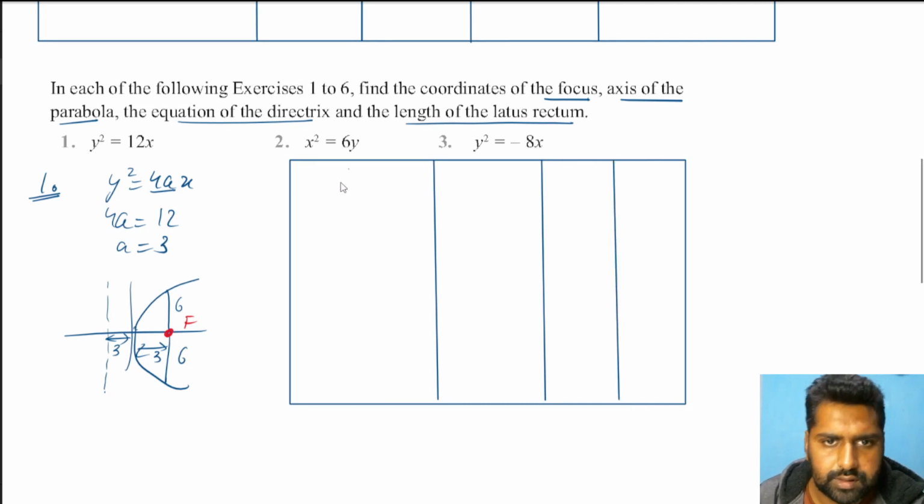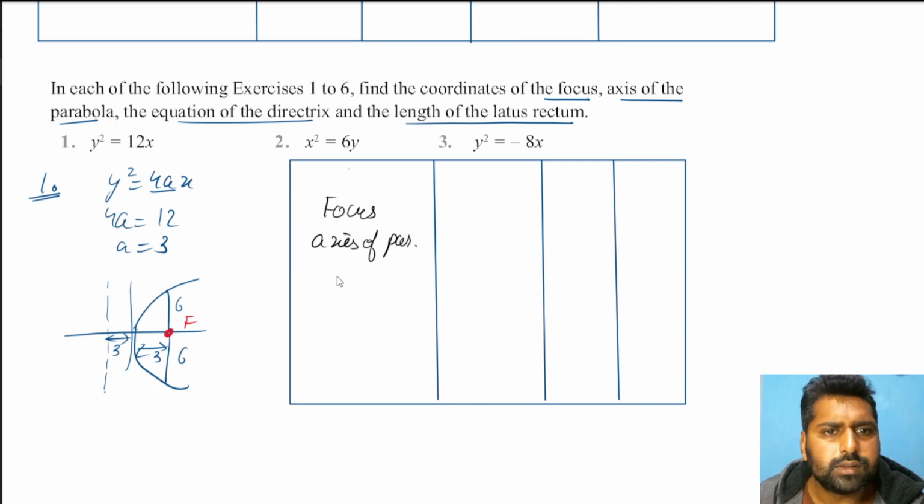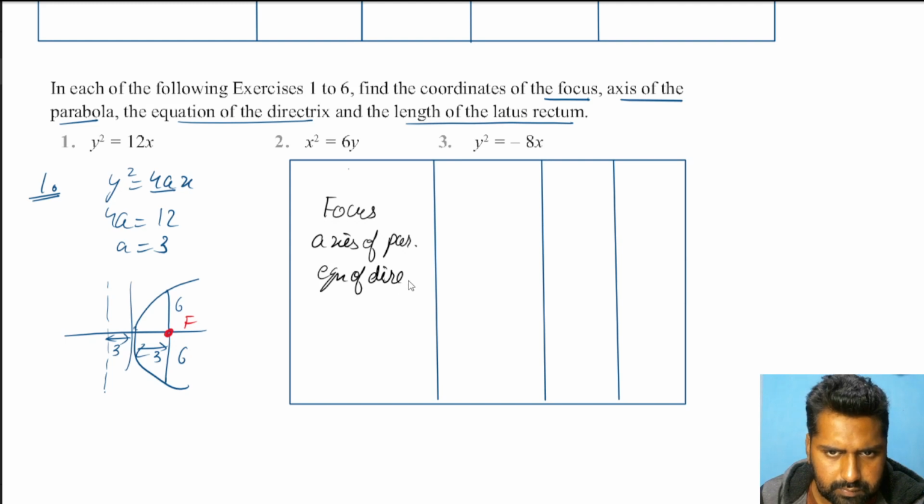All right, he is asking for focus, axis of parabola, I'm writing only PR. Okay, equation of directrix. Okay, and length of latus rectum. I can write LR, latus rectum is LR.